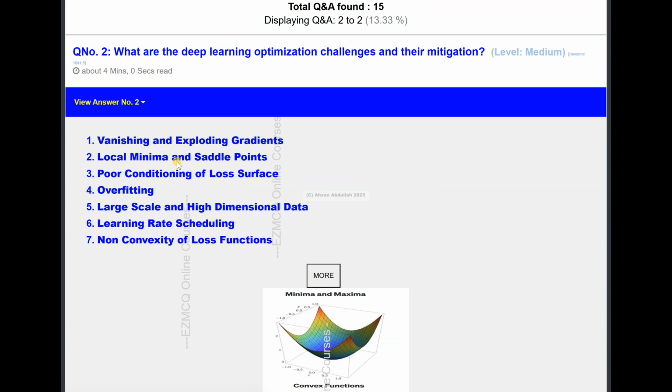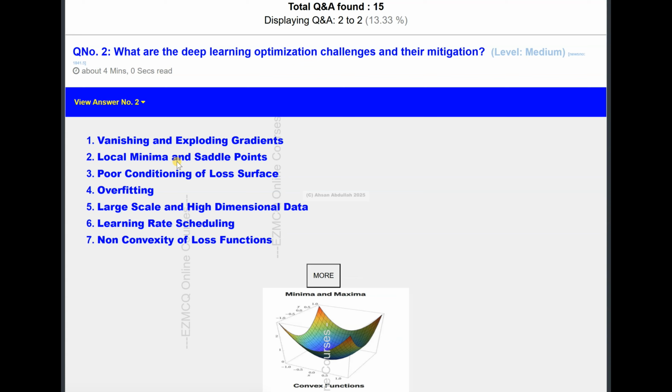And of course, it involves minimizing the loss function. Why? To find the optimal set of parameters that we have discussed before. However, this is a very tough task, and it is fraught with challenges, okay, that can make optimization difficult, and it impacts the model's performance.